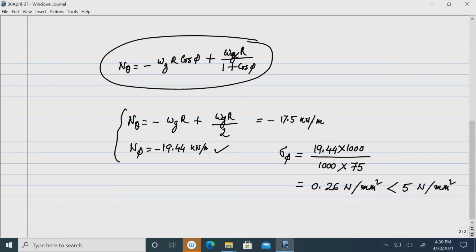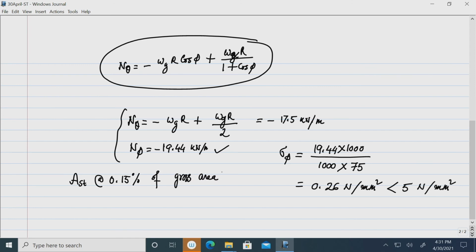Now, since no tension is developed in the shell, in principle there is no need of any reinforcement, but you have to provide certain nominal reinforcement. So, nominal reinforcement at the rate of 0.15% has to be provided. So, Ast at the rate of 0.15% of gross area is required.